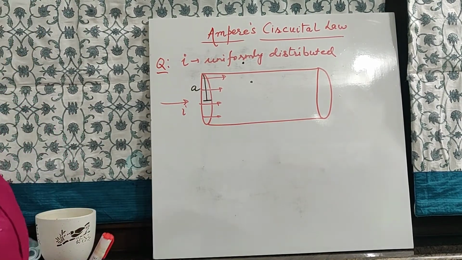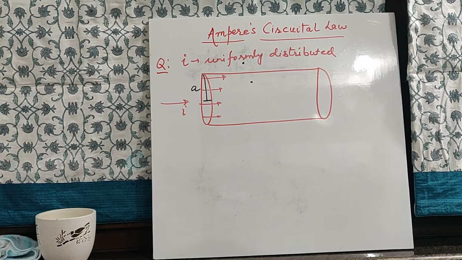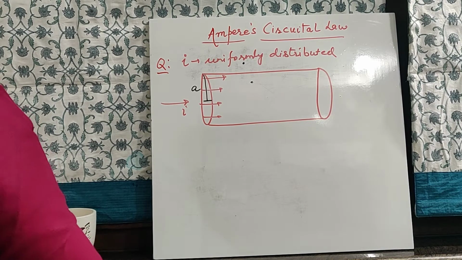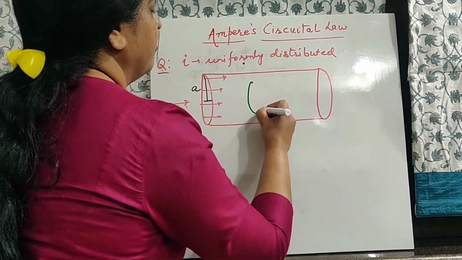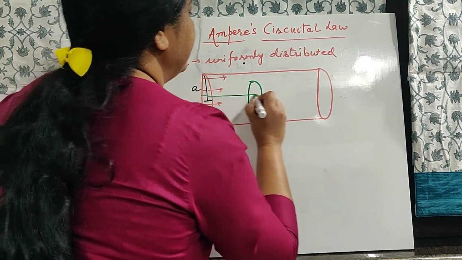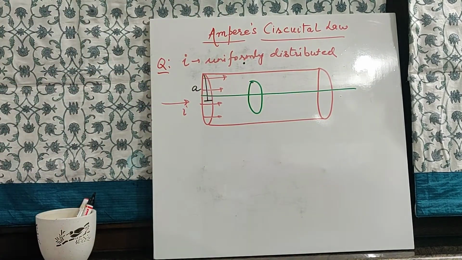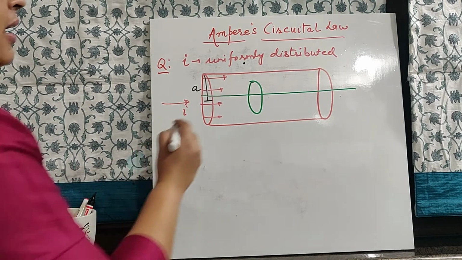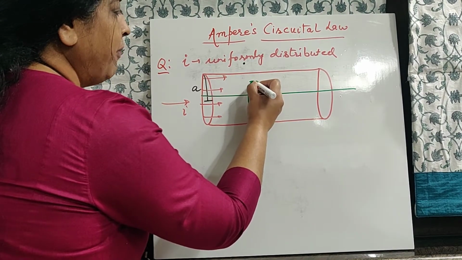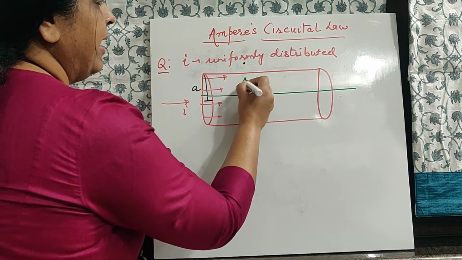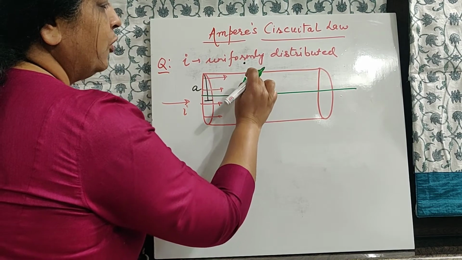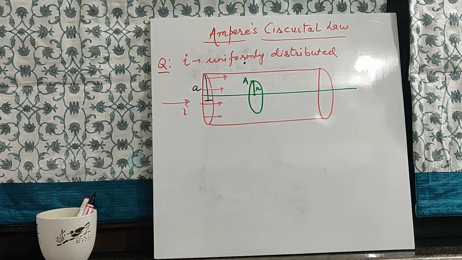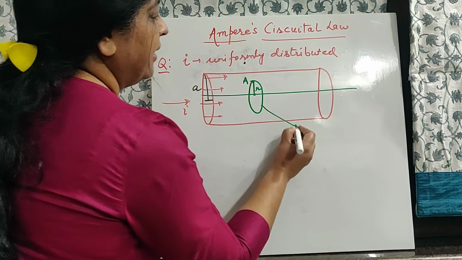Now just now we have said that in order to find out the magnetic field at a particular point, we will have to consider an Amperian loop. So let us say that this is our Amperian loop, and this is the axis of the conductor that we have taken. Let us say the distance from the axis to the point where we have to find out magnetic field is R. So this is our Amperian loop.